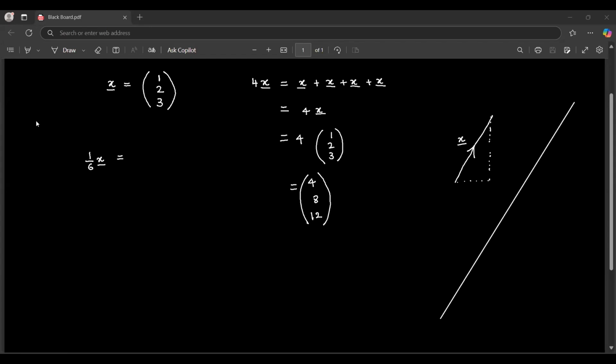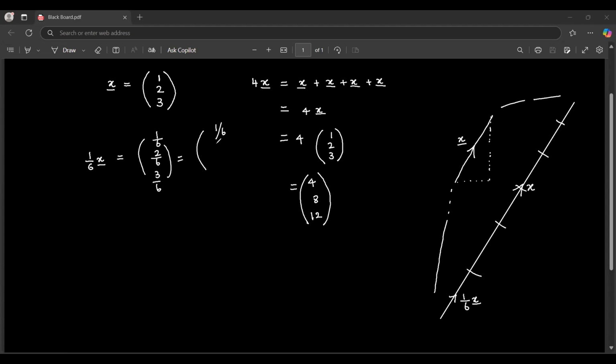This x has 6 parts. We can divide it into 6 parts, and one of those parts should be 1 over 6 x, 1/6 of x. So you can say it is 1 over 6, 2 over 6, and 3 over 6, which will be equal to 1 over 6, 1 over 3, and a half.